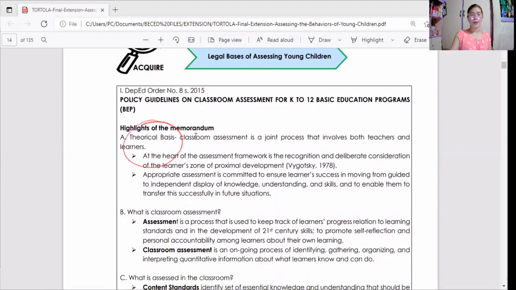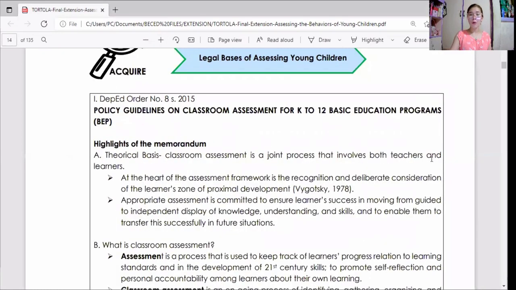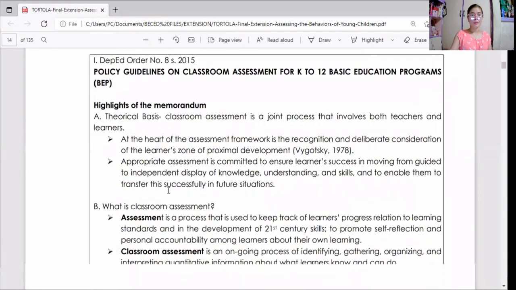First is the theoretical basis. Classroom assessment is a joint process that involves both teachers and learners, or sometimes the parents. So, at the heart of assessment is the recognition and deliberate consideration of learners' zone of proximal development.